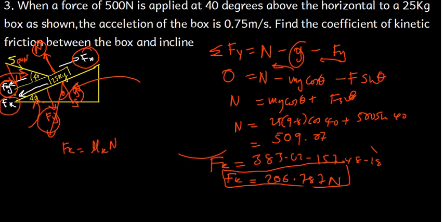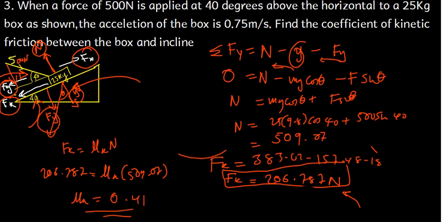The kinetic friction, we already determined the value here as 206.787, and that will be equal to mu k times the normal force, which is 509.07. So if we want to find mu k, we divide 206.787 by 509.07. So the answer is supposed to give us 0.41. Alright, so I didn't press the right value on the calculator. That's why I was doubting the answer.